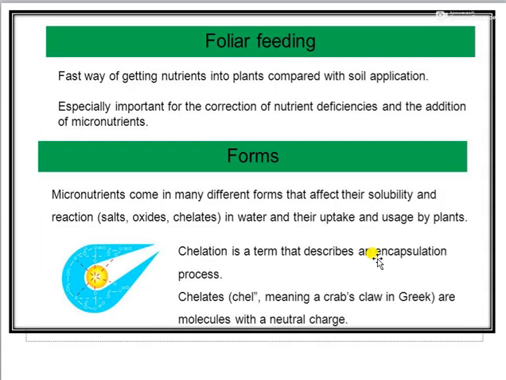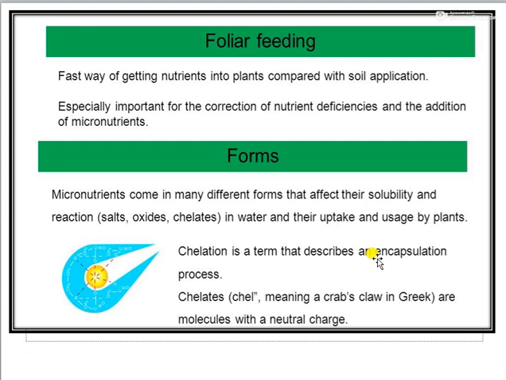Then next, the forms of foliar feeding. Generally micronutrients come in many different forms that affect their solubility and reactions, for example salts, oxides, or chelates in water, and their uptake and use by the plants.